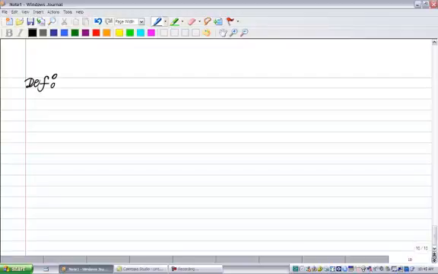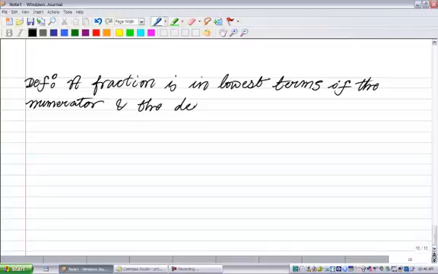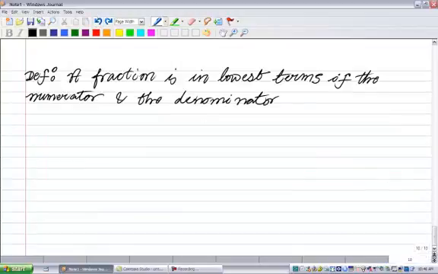So we say that a fraction is in lowest terms if the numerator and the denominator have no factors in common.